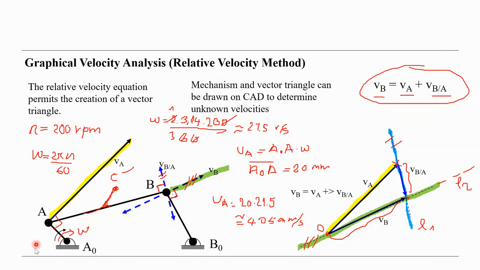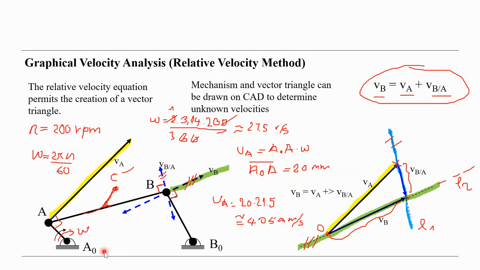And we know also that any point on A0A is traveling on a circular path, and the same for B0B, but any point on AB is not like this. It undergoes a general plane motion. So therefore, it is not as easy as for any point on A0A or B0B.